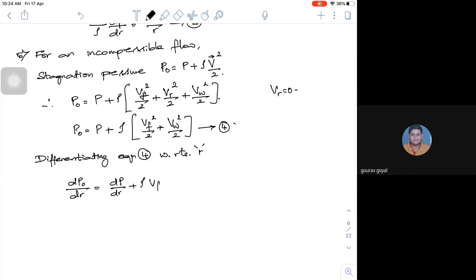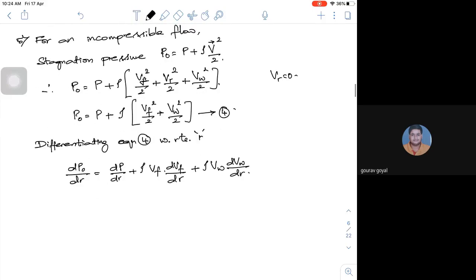The 2 just cancels out, plus rho into your Vw into dVw by dr. Now substitute for dP by dr from equation 3.